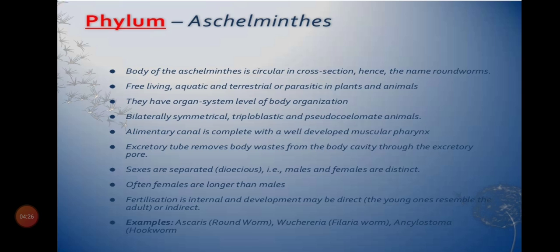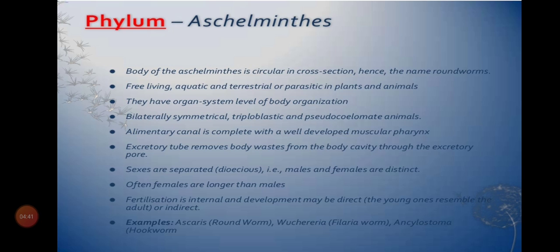Till now we have learned about four groups: Porifera, Coelenterata, Ctenophora and Platyhelminthes. These four groups are also acoelomate, PCCP.